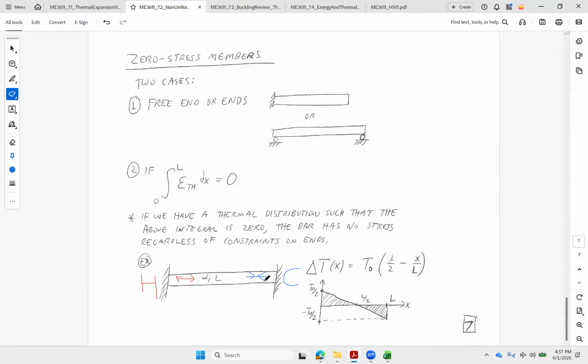Even if this isn't the exact same, maybe it goes from more hot to less cold, I'm still taking away from the amount of force that's generated in that part. So hot to cold reservoirs do us a favor in terms of either zeroing out if it's really good, or at the very least, we're lowering the amount of stress because this integral gets smaller when we have some positive and some negative balancing each other out.